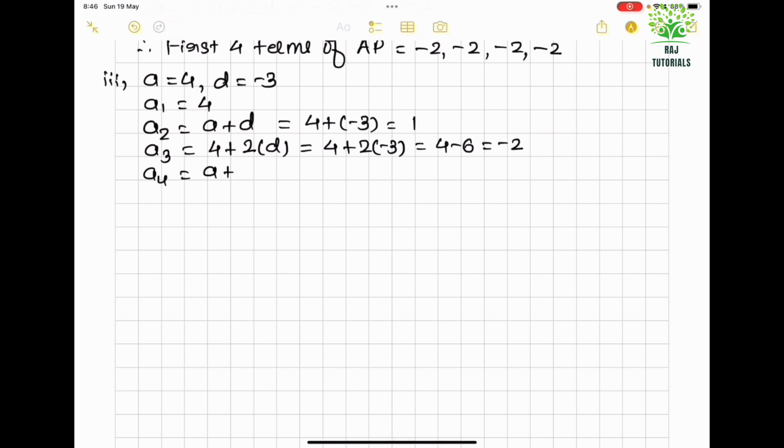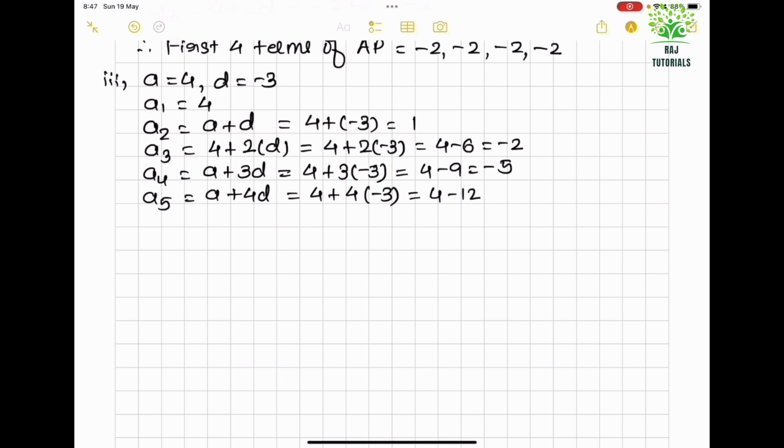A4 is A plus 3D, so that is 4 plus 3 into minus 3. So 4 minus 9, so minus 5. A5 will be A plus 4D, 4 plus 4 into minus 3, 4 minus 12, minus 8. Therefore first four terms of AP will be 4, 1, minus 2, minus 5, minus 8.